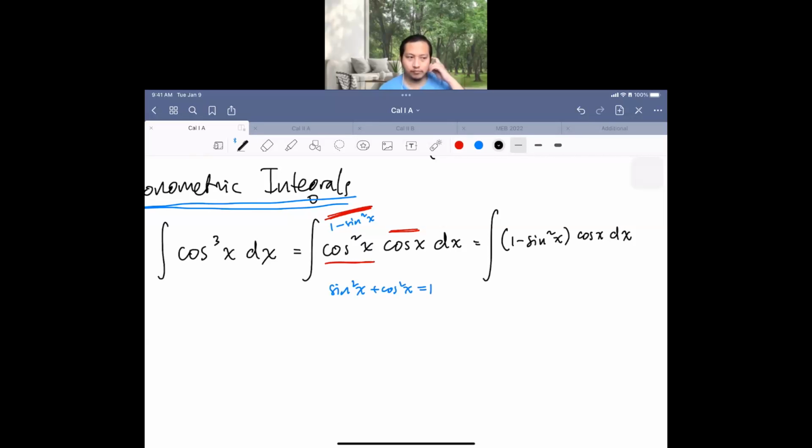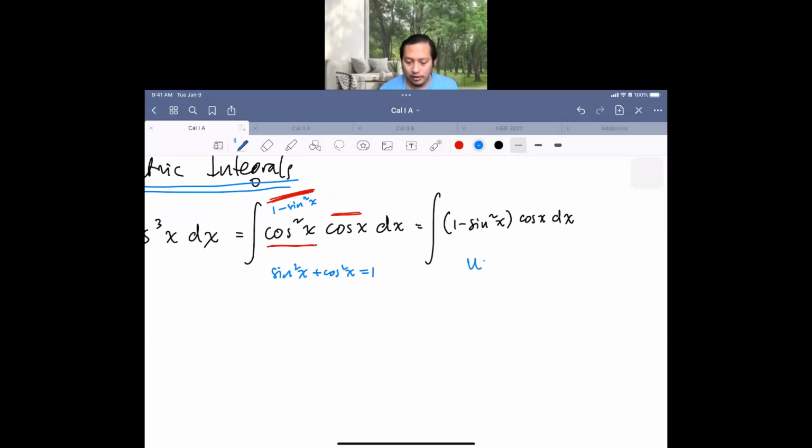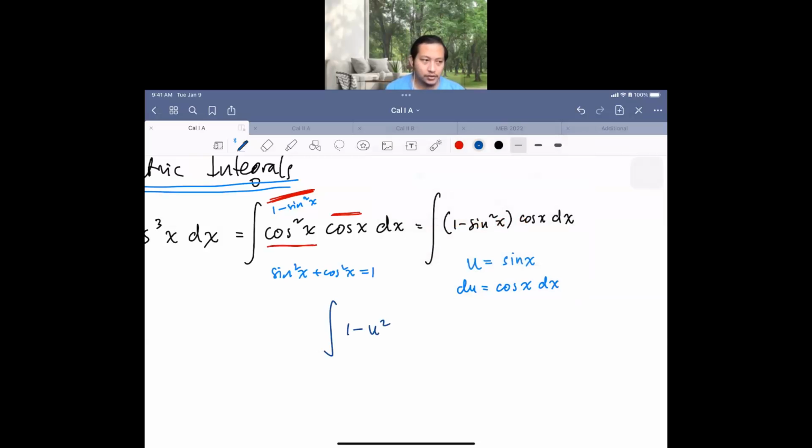So if we let u be sine x, then we will have cos x for canceling, right? So we would have the integral of 1 minus u squared, and then cos x will be gone, and then du.